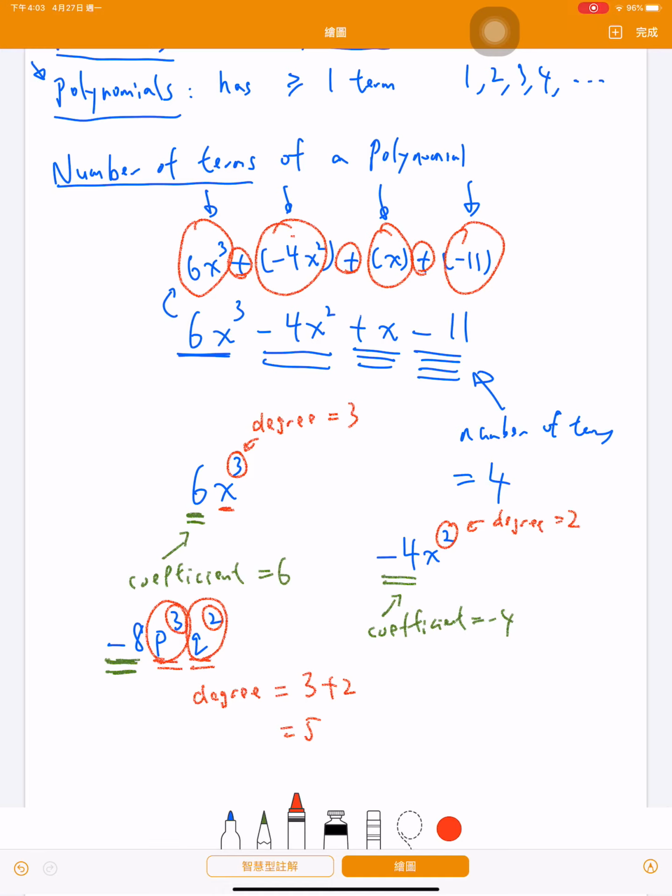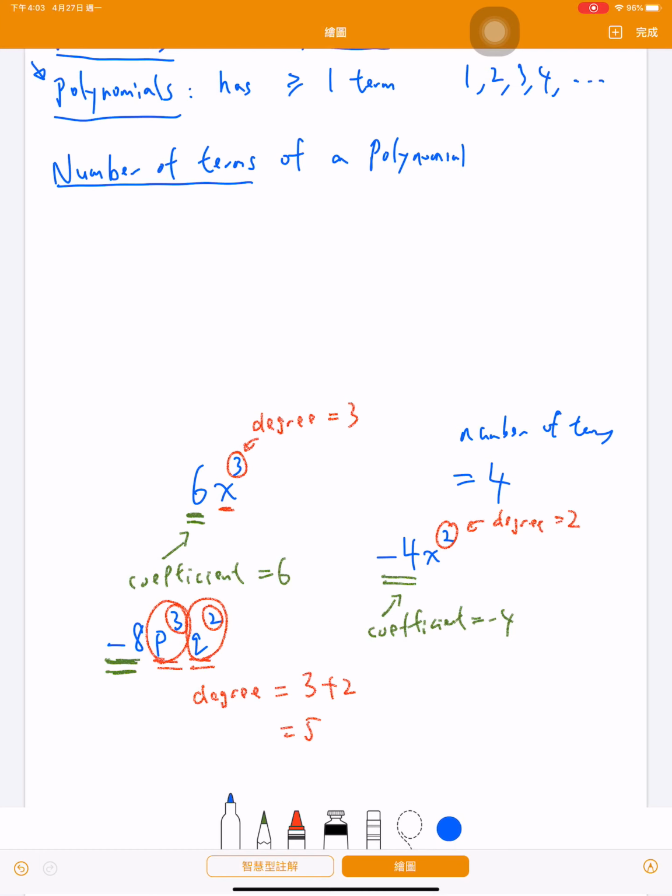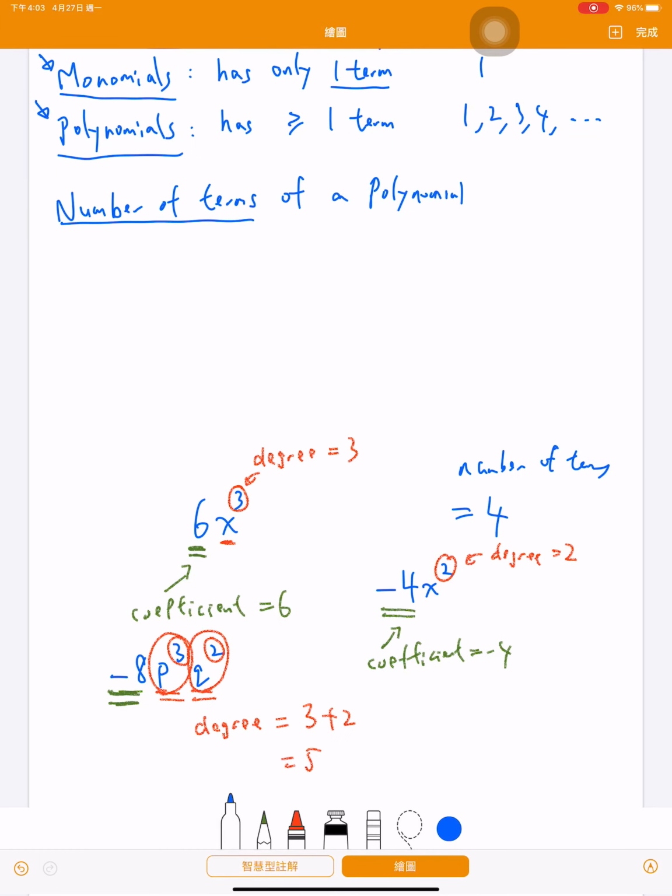Okay. So now we can draw the conclusion here. For the number of terms of a polynomial, we just use the addition or subtraction signs to separate them and count the number of terms.